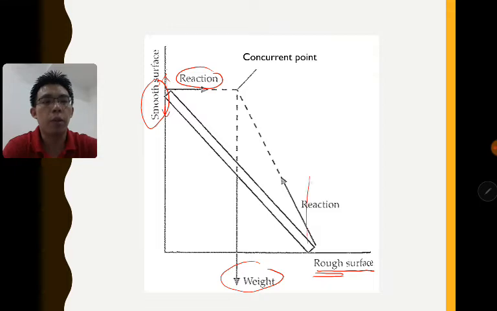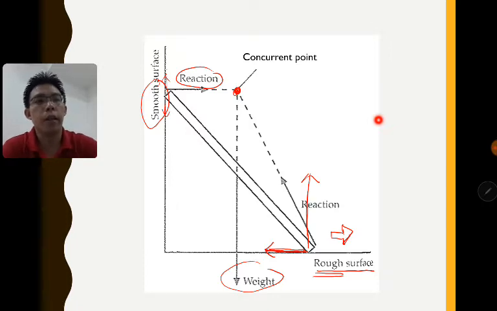So on top of a normal reaction force, it has a frictional force that is trying to stop it from falling, because as it falls, its motion will be this way, right? So the force that prevents it from moving must be pointing in the opposite direction, which is towards the wall. So if we extend the lines of action of these three forces and they meet at a point, then this thing should be at equilibrium.